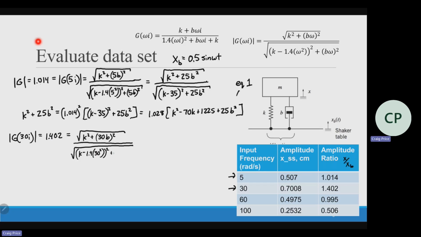All of that is squared, and then again we have a 30b squared. So it's pretty time consuming. Obviously, I could do it in Excel, maybe set up that equation and be able to solve this a little bit easier.